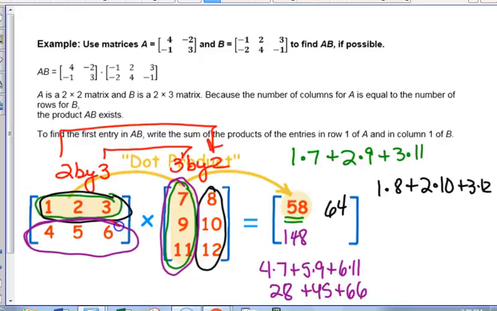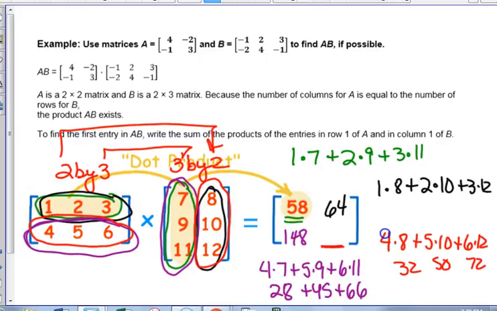Don't get up yet, guys. Last row, second column will give me the answer in the second row, second column. 4 times 8 plus 5 times 10 plus 6 times 12 is 72, 50, and 32. This is 139. And this is 154 maybe? Yeah. Okay.